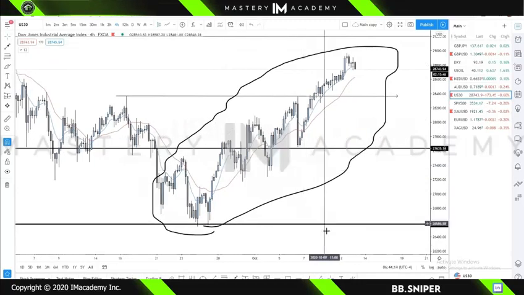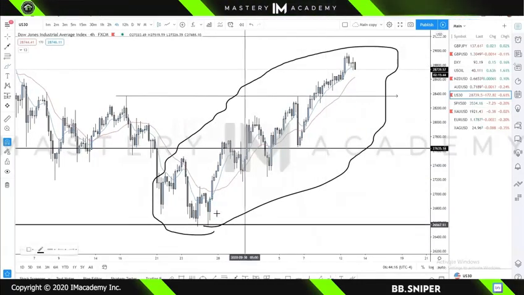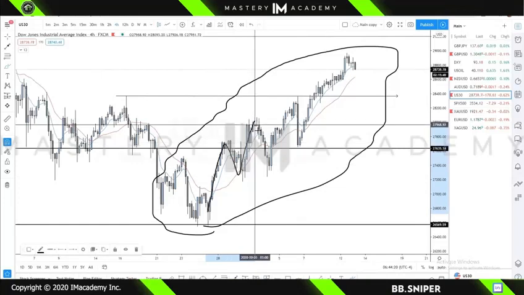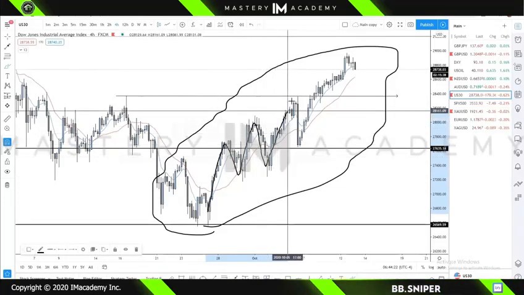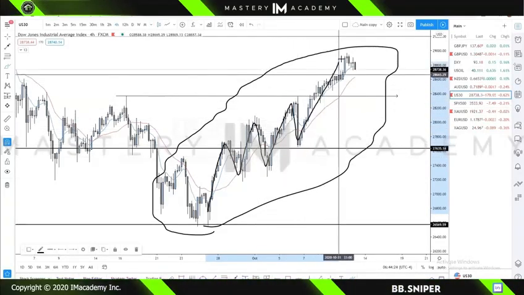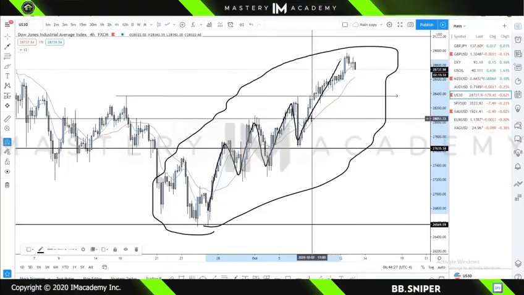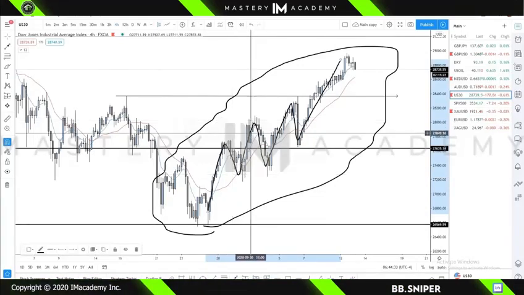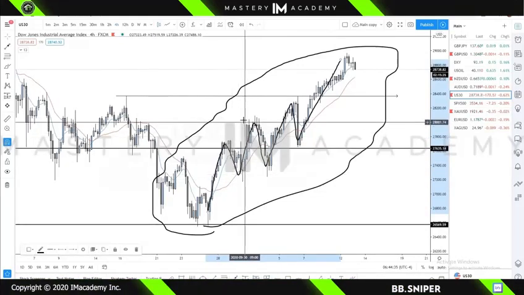We can see the 4 hour has an entire trend going on just inside of that one leg on the daily. And it's also doing the same thing of trading from internal liquidity sweep to external liquidity sweep, internal liquidity sweep to external liquidity sweep.